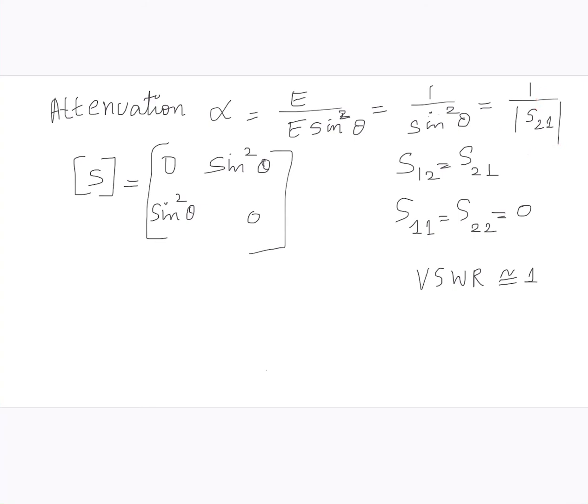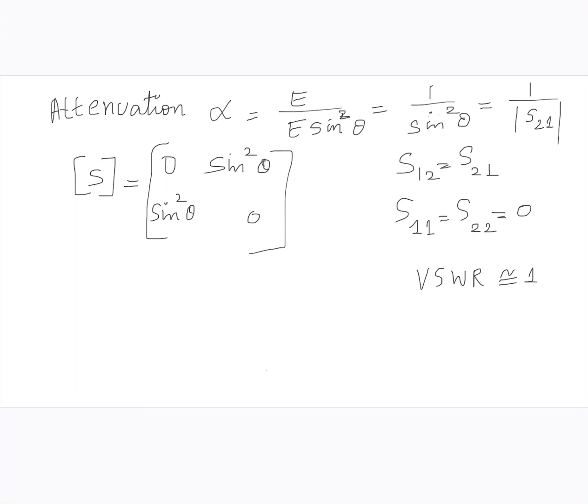As it is symmetrical, we can denote S12 is equal to S21, and also there is no mismatch between the junctions, so we can write S11 is equal to S22 is equal to 0.